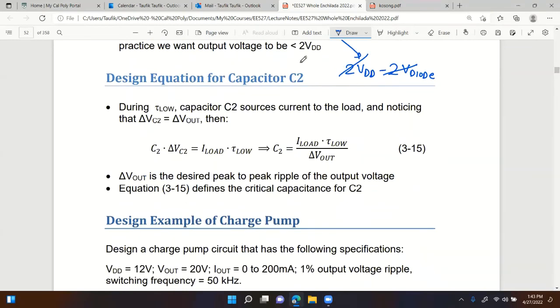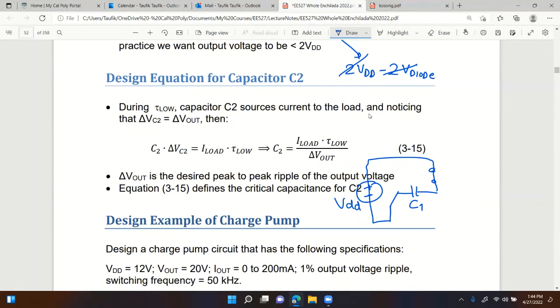All right, that's capacitor C1. What about capacitor C2? During tau low, capacitor C2 sources current to the load, just like I said earlier. While we are charging C1, when it's connected to the diode this way, this is VDD.